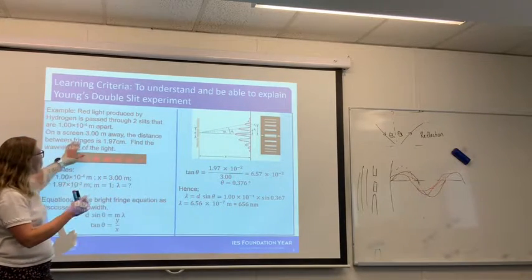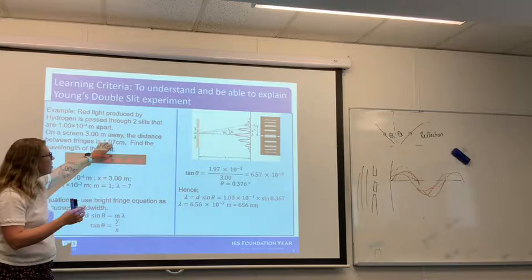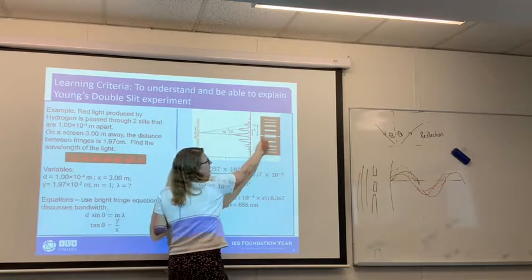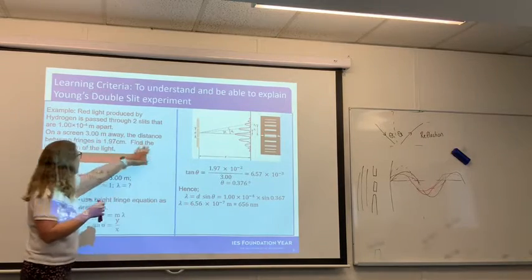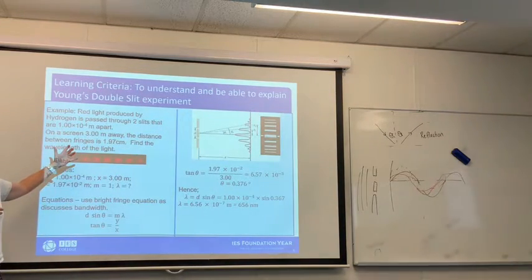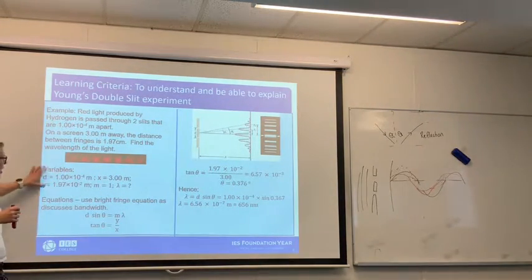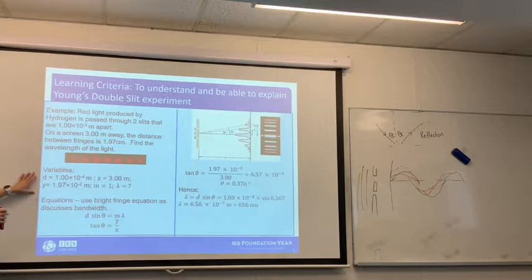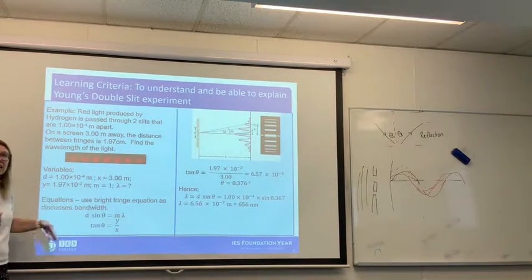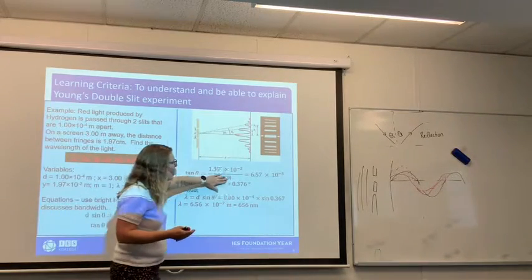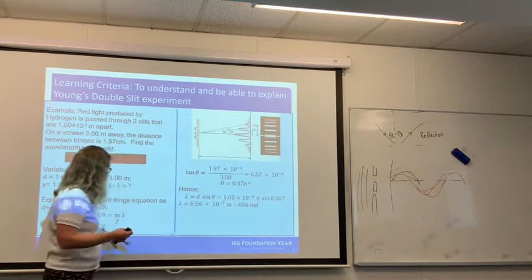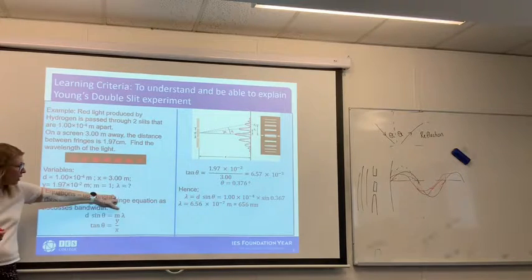The distance between fringes is 1.97 centimeters. So between here and here is 1.97 centimeters. Find the wavelength of the light. Okay? So you take out your variables. I've got my equations. Again, you're going to have them on your formula sheet. So here, I know I need to find the angle first, because I want to find the wavelength.